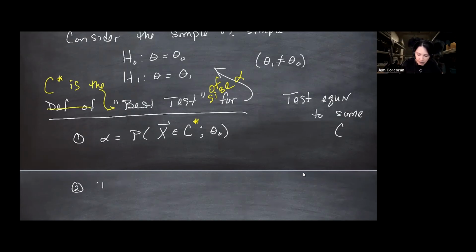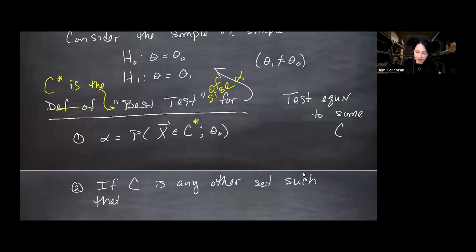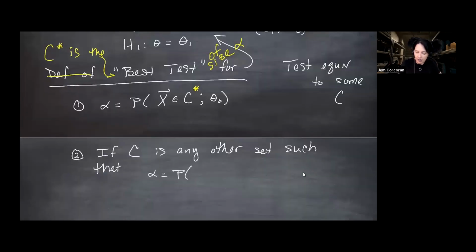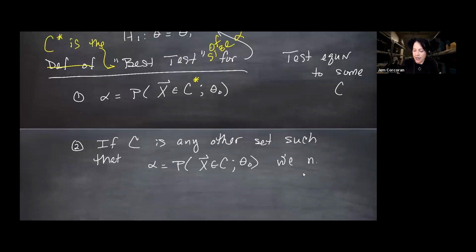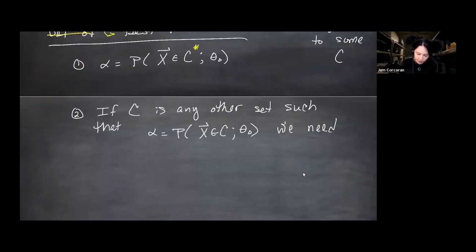So if C is any other set such that it has size alpha, or level of significance, we need to compare them when the alternate is true. So I'm going to write the probability that the vector X is in C star when the alternate is true. So that means theta equals theta 1 because it's nice and simple.